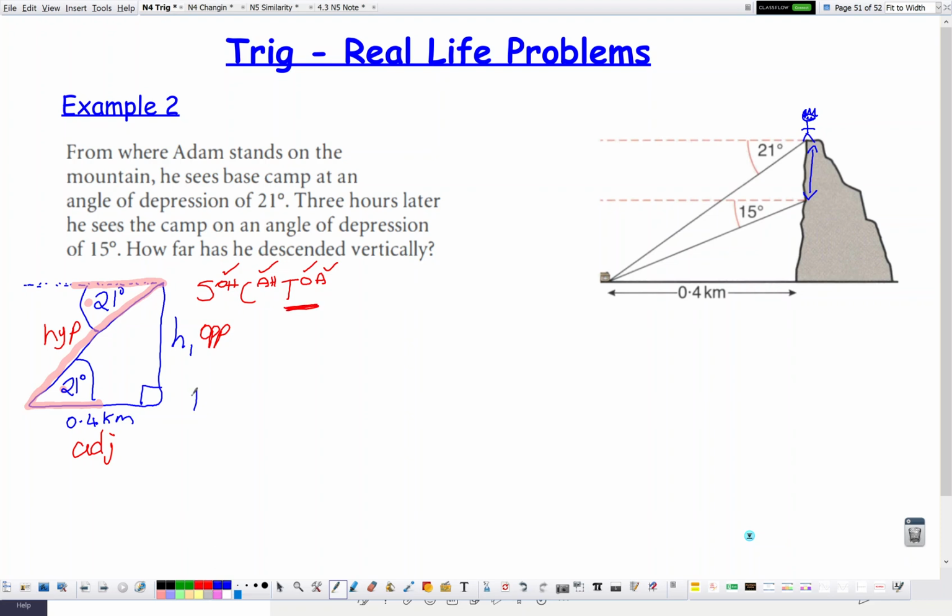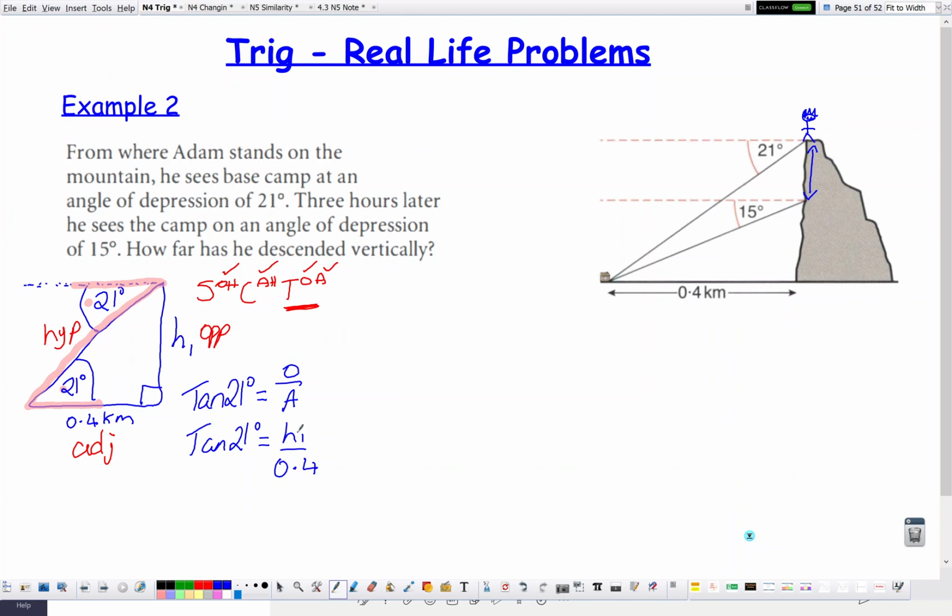So it is the tangent of the angle, which is 21 degrees, equal to the opposite side over the adjacent side. So tan 21 degrees equals the opposite side, which is that h1 I'm trying to find, over the adjacent side, which is 0.4. Now this is the first type of trig question we solved.